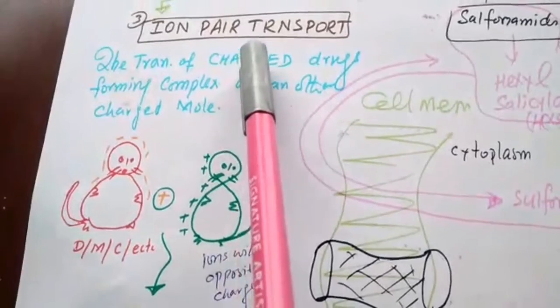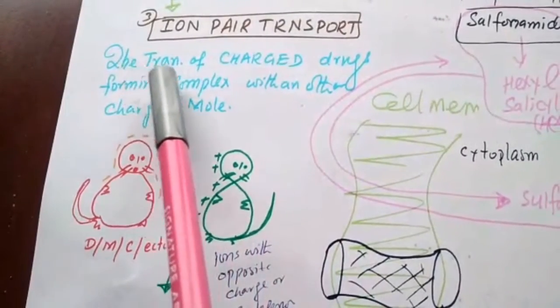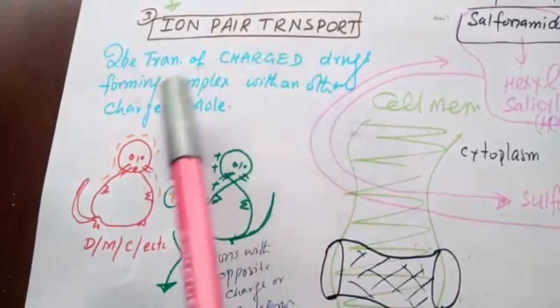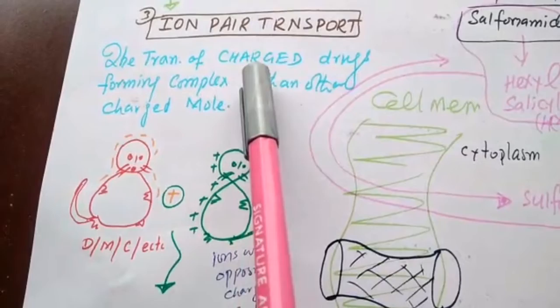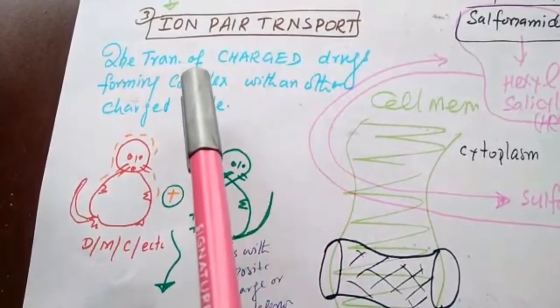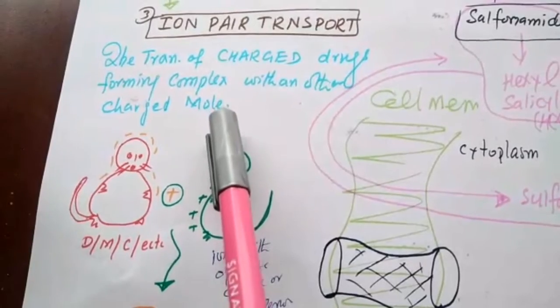In this special type of simple diffusion, the transport of a charged drug occurs such that the charged drug forms a complex with other charged endogenous molecules.